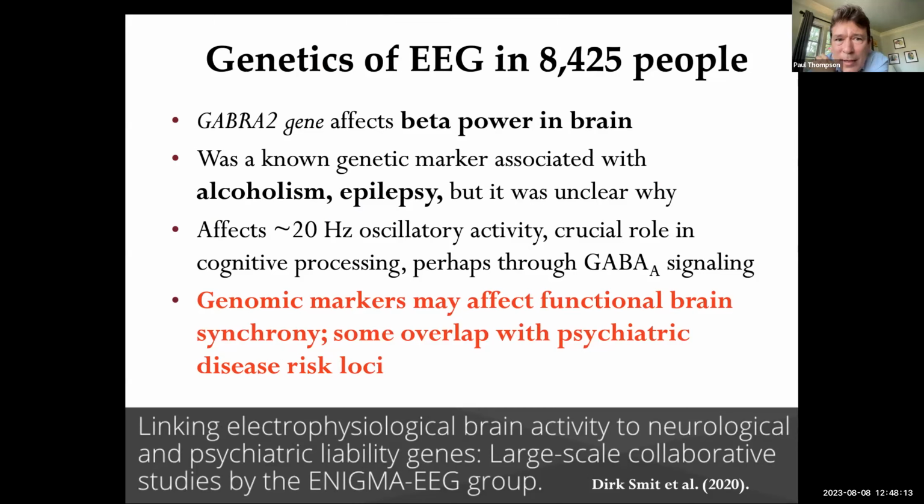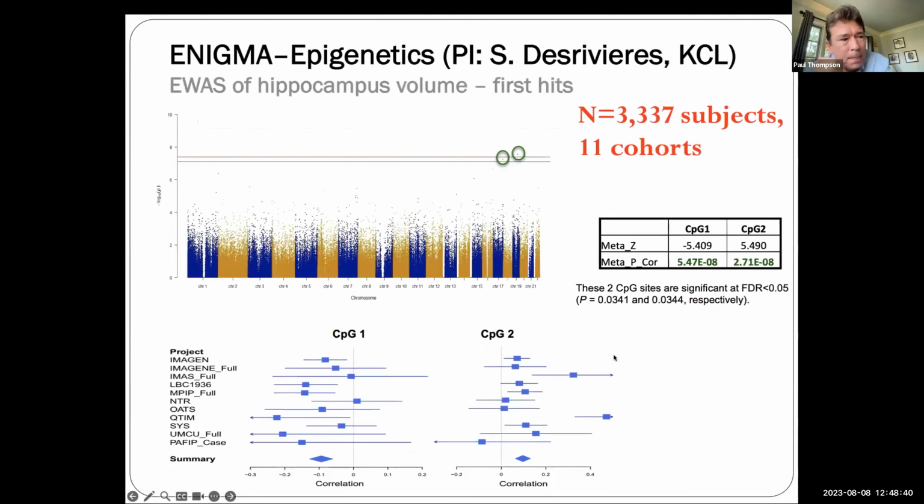The GABRA2 gene, a receptor subunit of the GABA-A neurotransmitter, not only influences risk for alcoholism and epilepsy, and it was very unclear why, but it also directly affects spectral power. So this is very exciting. If some genomic markers affect functional brain synchrony and they overlap with some of the psychiatric loci, that could be quite an interesting discovery.